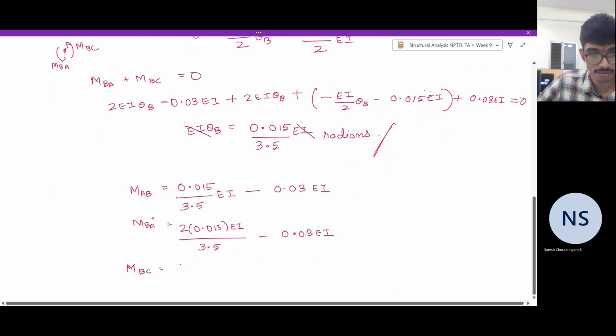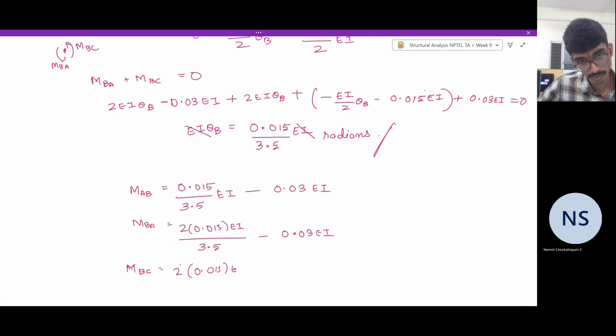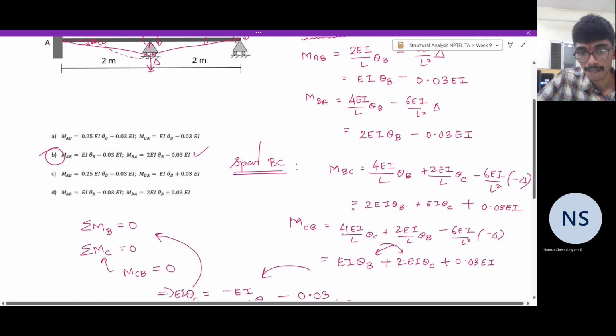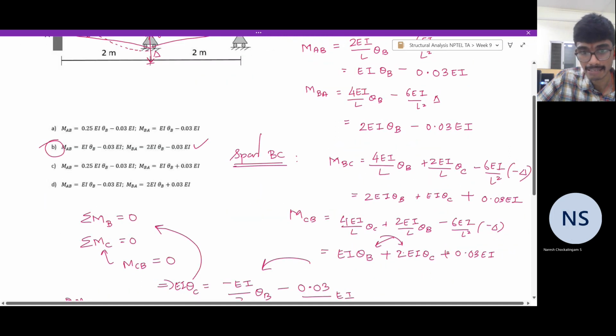So it is 2 times theta B, so 2 into, plus EI theta C. Right?